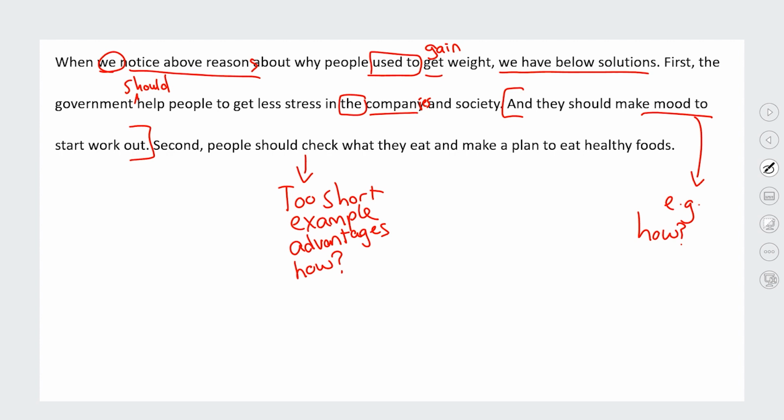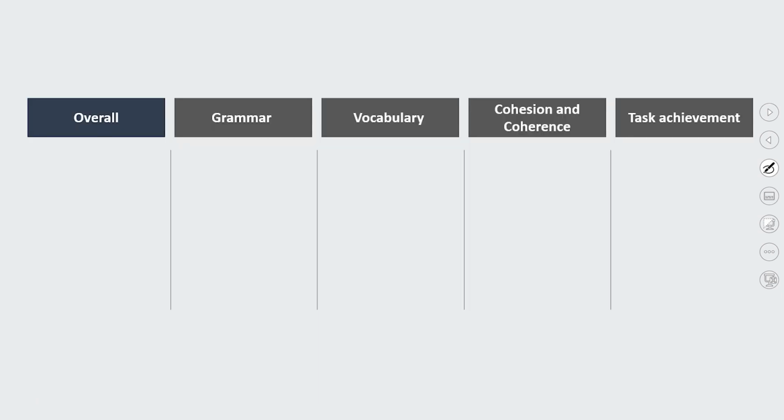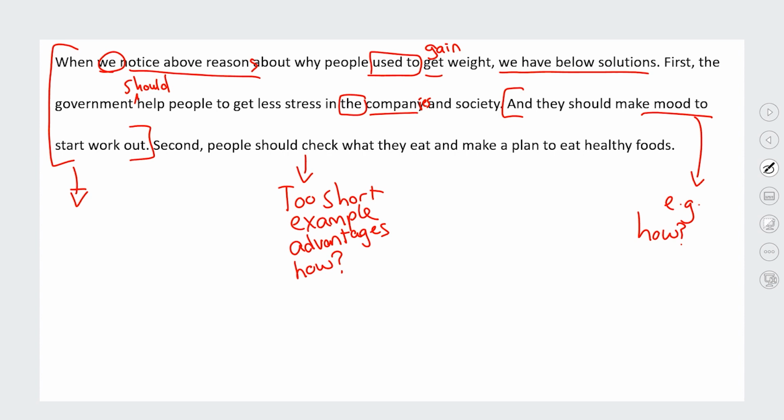Again, this is for your solutions, which is supposed to be the second half of your essay. The first half should be about causes, the second half about solutions. This candidate has only given me four sentences for what's supposed to be the second half of their essay, so it's too short. It makes your essay unbalanced.